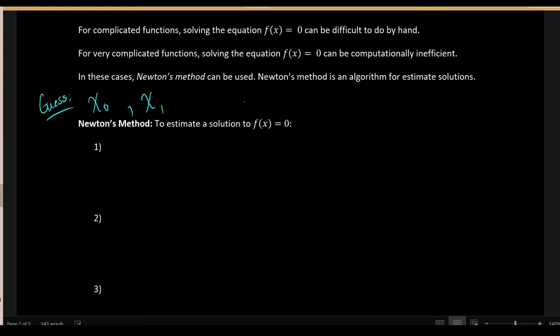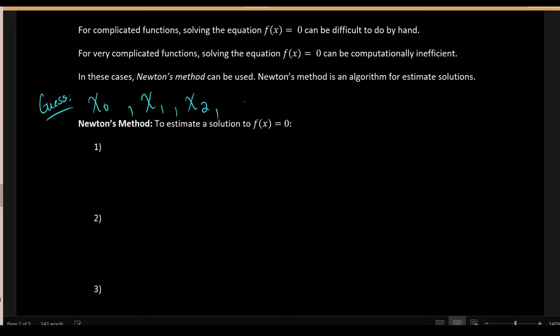So now we're going to take that x1 and use it to construct a third x value called x sub 2, which still may not be very close to the solution, but at least it is closer than the previous x value of x sub 1.